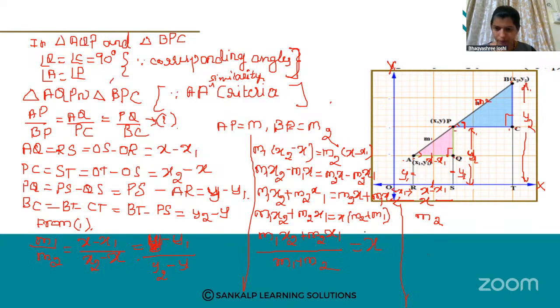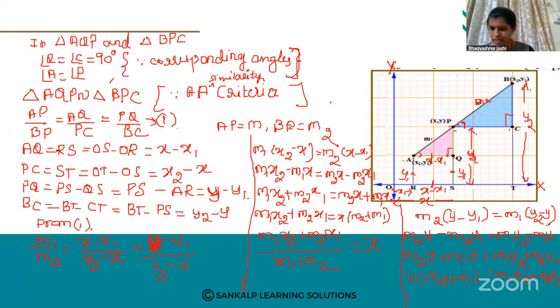M2 into Y minus Y1 is equal to M1 into Y2 minus Y. Now M2 into Y minus M2 into Y1 is equal to M1 into Y2 minus M1 into Y. Now let us take Y to one side, M2 into Y, transfer this M1 into Y to this side, plus M1 into Y is equal to M1 Y2, transfer this M2 into Y1 to this side, plus M2 into Y. Here Y is common, M1 plus M2 is equal to M1 Y2 plus M2 Y1.